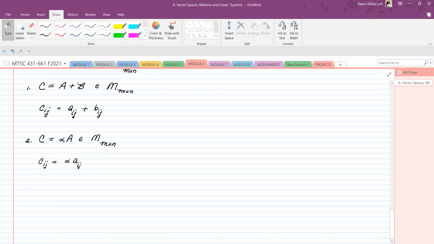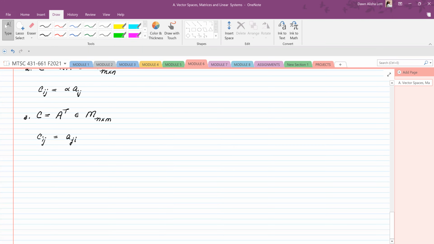And we can talk about the matrix C equal to A transpose. This is an element of N by M, not an element of M by N. And here all the Cij's are equal to Aji. So we're just going to do them in a separate order.